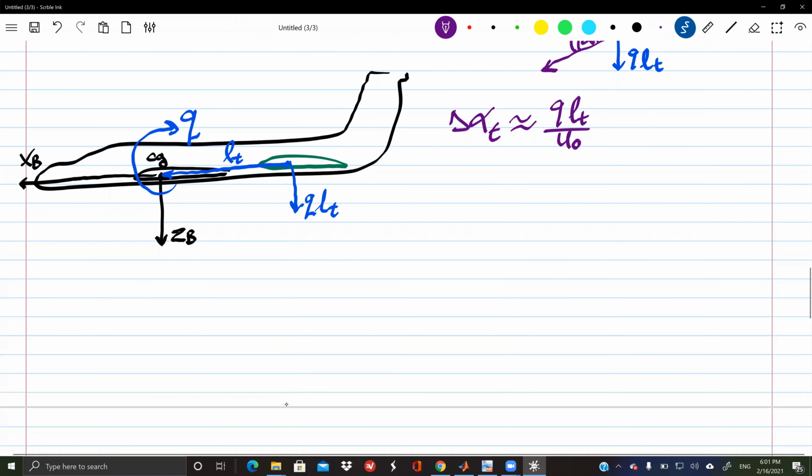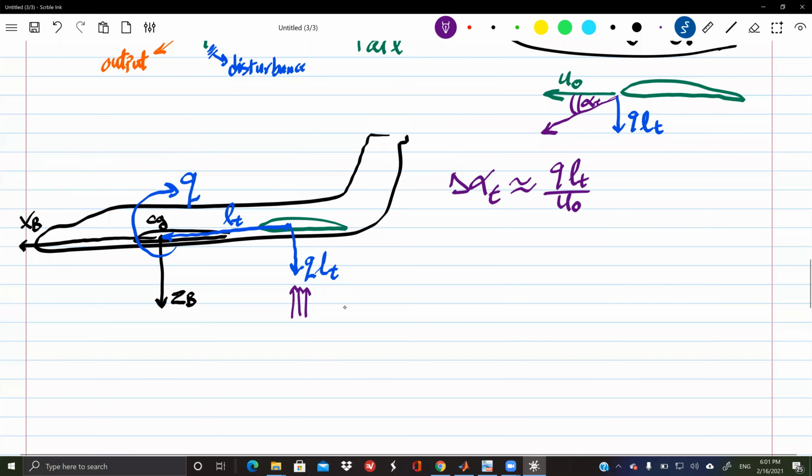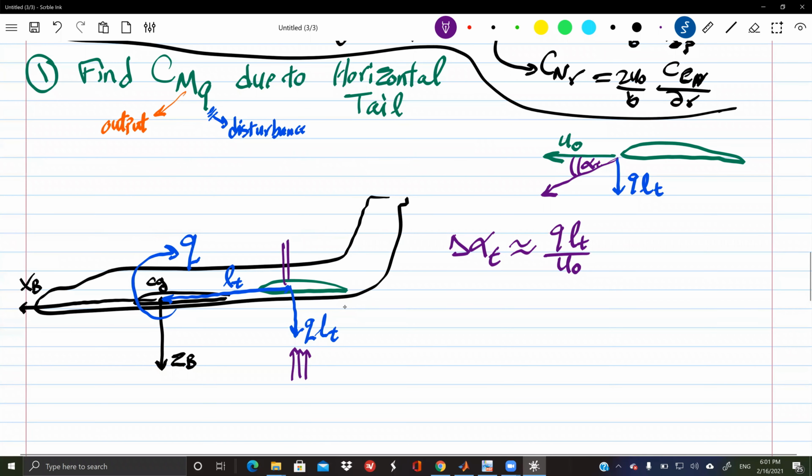If the air is coming in the opposite direction, then the air is pushing from below, so it's pushing up, so the angle of attack increases, and I will have an increase in the lift. Okay, so now I managed to determine the effect of my disturbance Q on my part of the airplane, the horizontal tail. The final result is an increase in the lift by this amount.